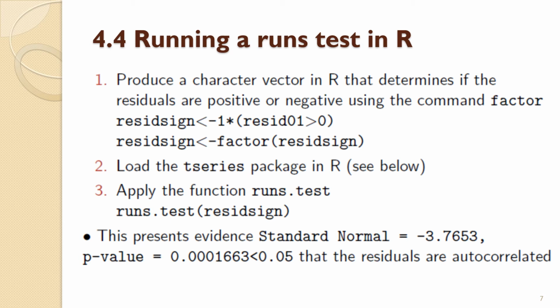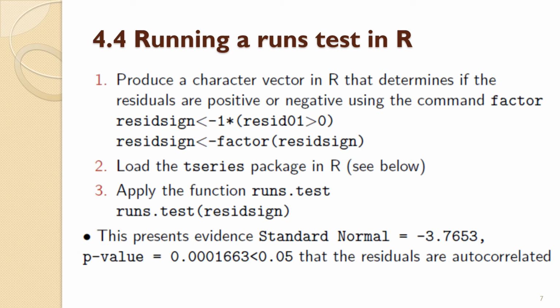And then you would need to code this as ts, called T-series in R. These things are deliberately named, and as you might imagine, ts is short for time series, and then you would need to apply the function runs.test to this: you need to do runs.test of this resid sign variable here.